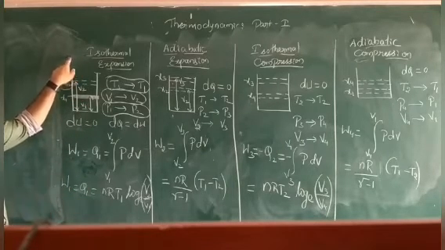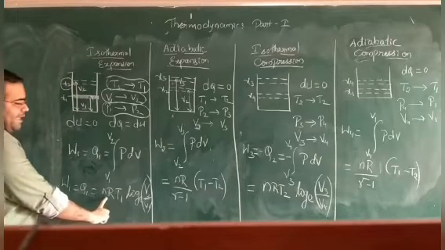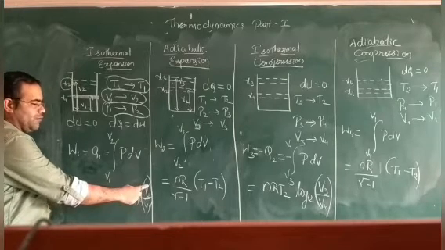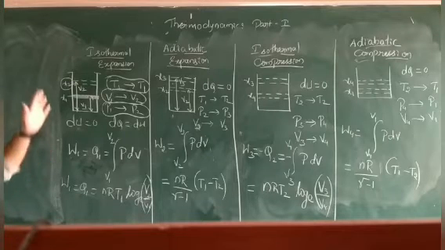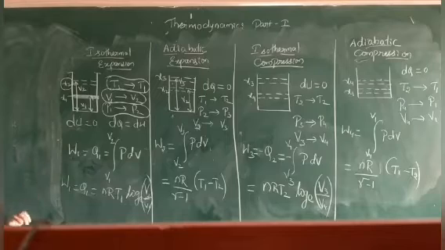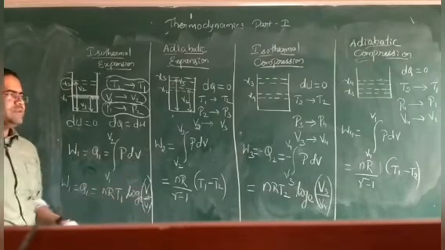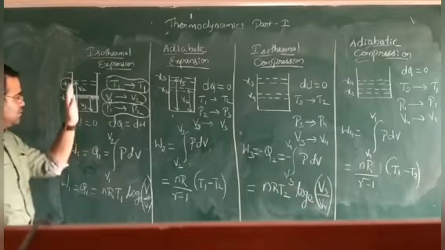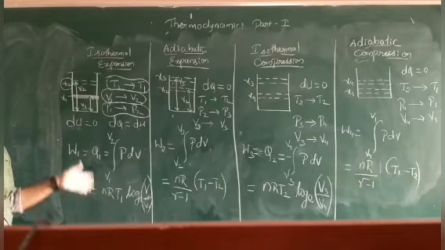The equation is nRT log to the base e of V2 divided by V1, or V1 divided by V2. Log to the base e can also be converted and written as log to the base 10 by multiplying by 2.303. So this is the first step in the Carnot engine.